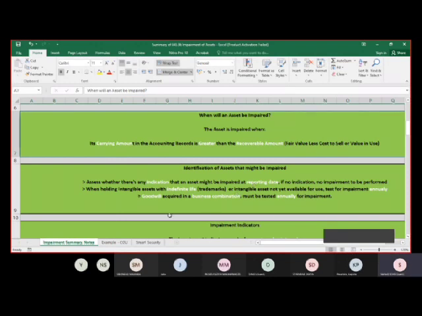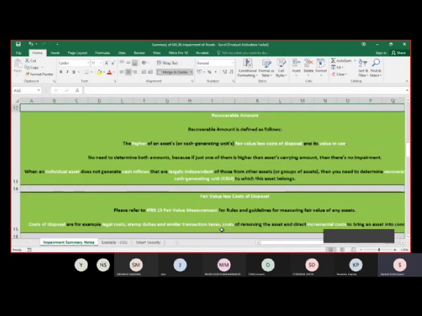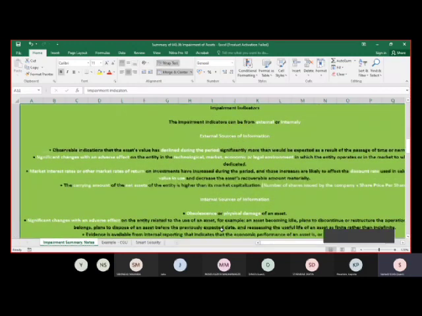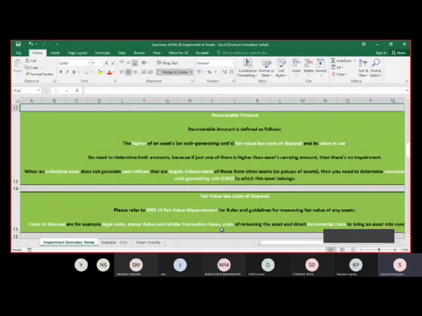Assess whether there is an indication that an asset might be impaired, based on the factors we have discussed. Also, intangible assets with indefinite life and goodwill need to be looked at for impairment annually. So these are the things you need to know. And then we've gone through the indicators, and I've made some examples, so bear that in mind.